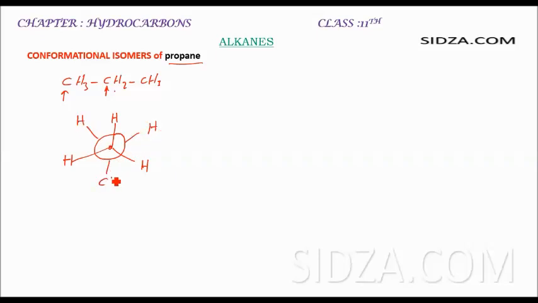Let's say this is a methyl group also. It has 2 hydrogens and 1 methyl group. The only difference from ethane is that we have a methyl group here, where ethane had a hydrogen. Now if I rotate it by 60 degrees, what will you get? You get it over here.